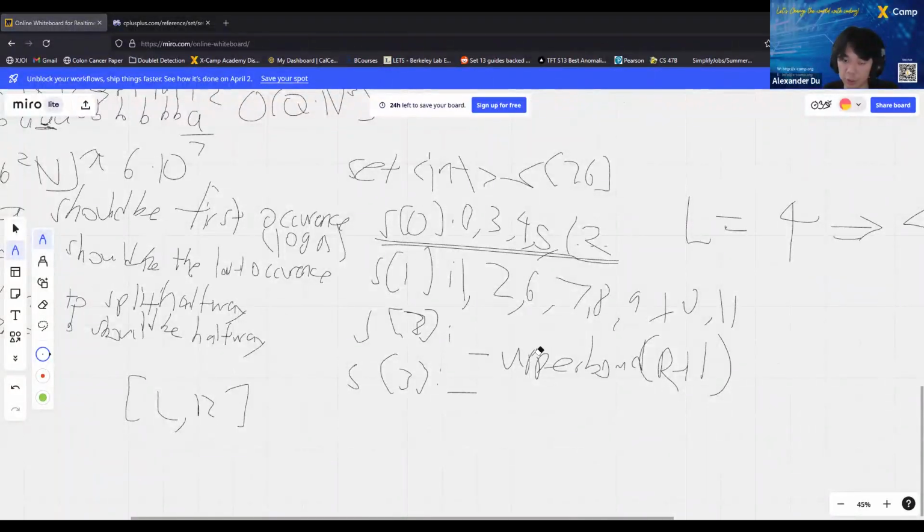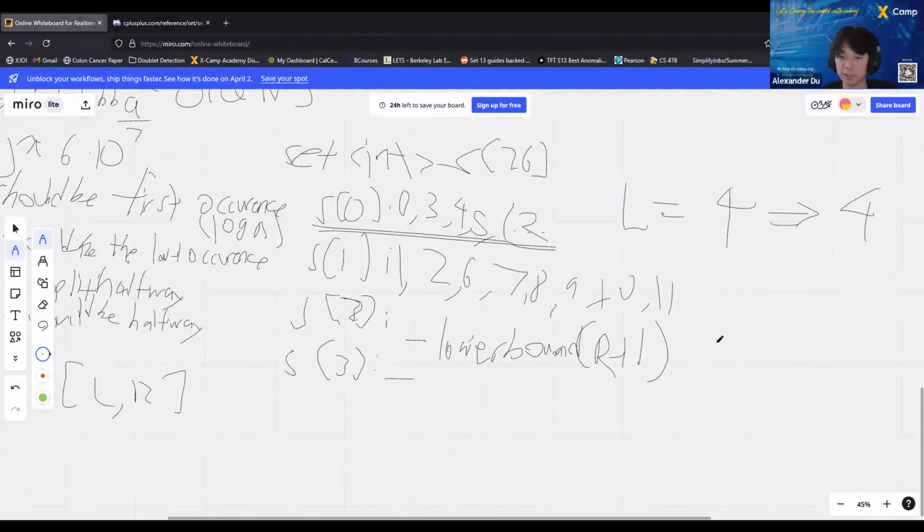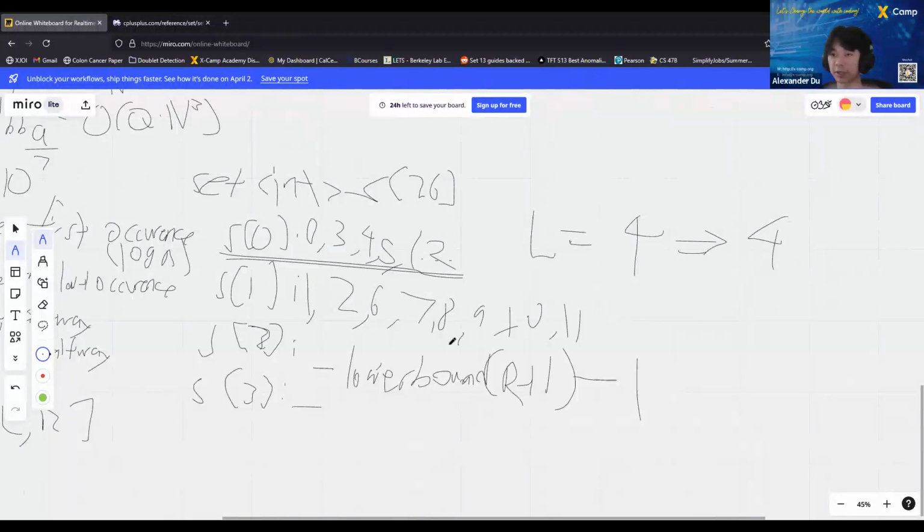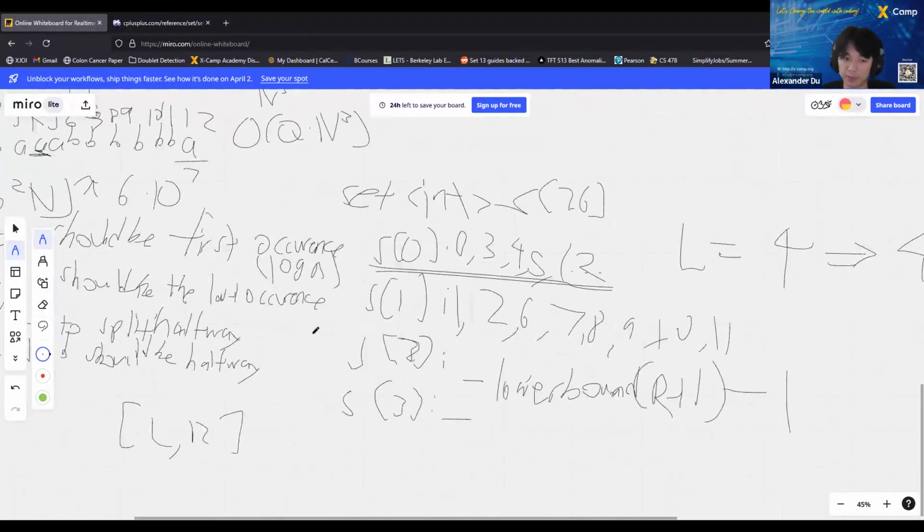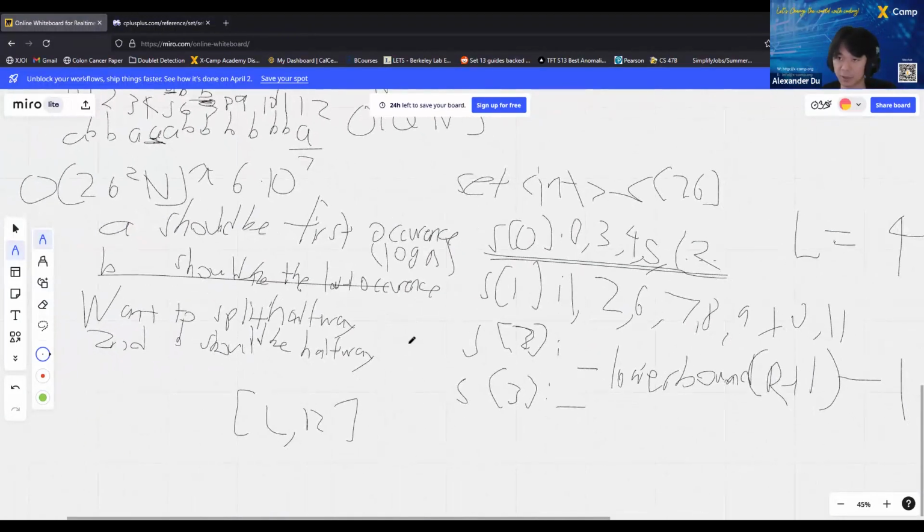We find the first occurrence that is considered to go after r, and then we go backwards one from it. So it's lower bound of r+1, and then subtract 1. This gives us the correct index of the last occurrence of B.